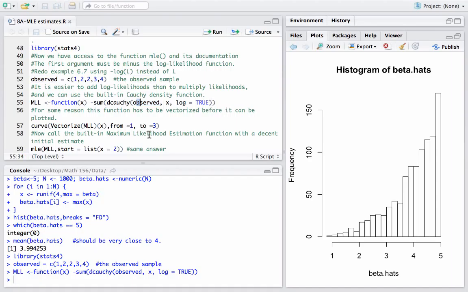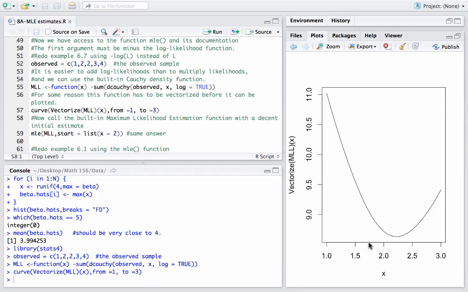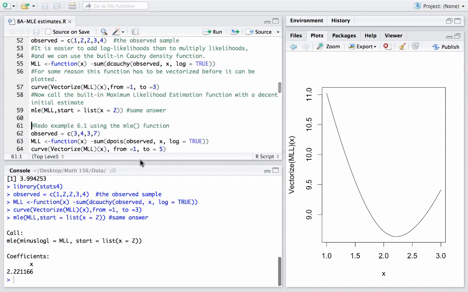So when you're plotting things with vector arguments or doing vectorized operations on functions with vector arguments, R will do you a favor and return a list, but you need to vectorize to override that behavior so you can plot the curve. So now we're going to basically optimize this, but instead of using the optimize function, we're going to use this MLE function. And it looks like we seed it with an initial guess. And it returns the coefficients, 2.2116.